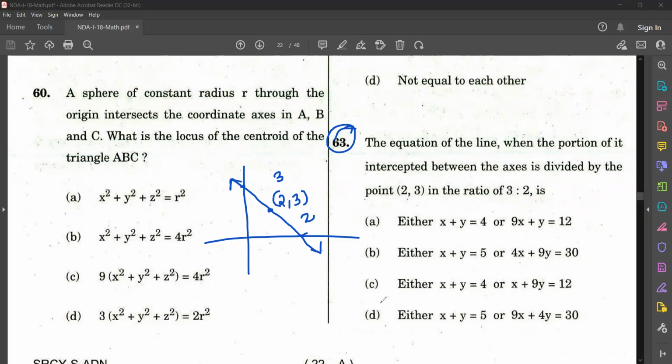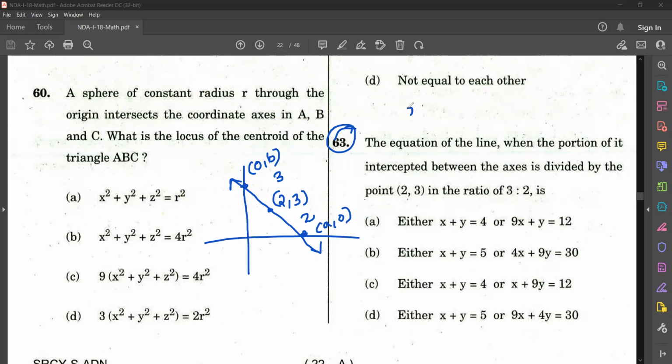Okay, so let's just try. How can we do this? Listen. Suppose the y-intercept is b, so that is (0,b). The x-intercept is a, so here it is (a,0). Now we apply the section formula.